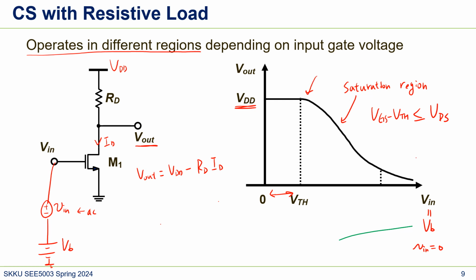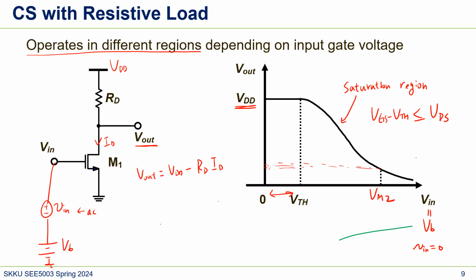So of course that's why it starts from the saturation region. And once we increase it, let's say too much, then the current flows too much, right? In this case, this is V in minus VTH. Sorry, let's say this is V in 2.